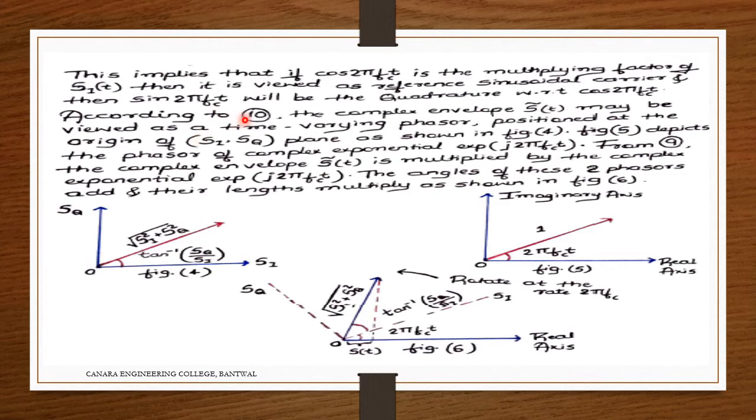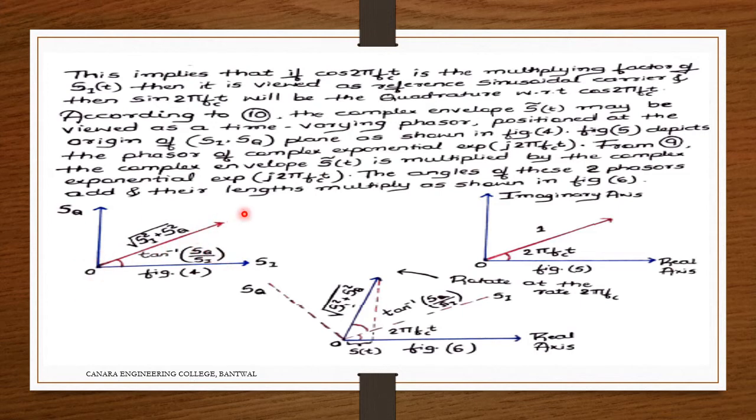According to equation 10, which we discussed previously, the complex envelope s of t may be viewed as a time varying phasor positioned at the origin with components si and sq. That is, we can see si and sq here. So this is the time variant phasor.